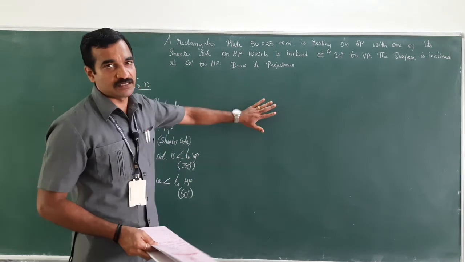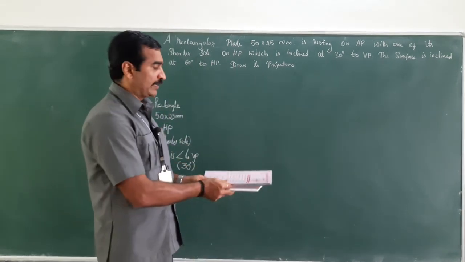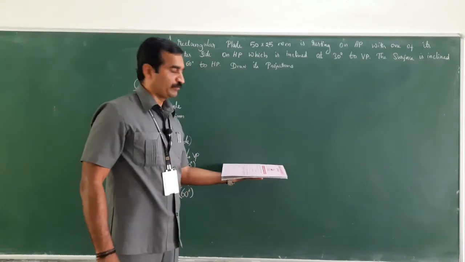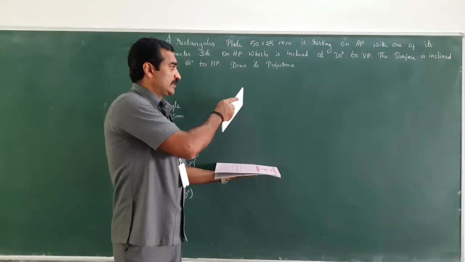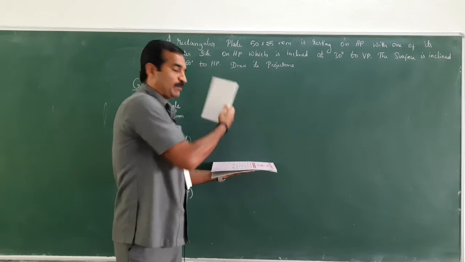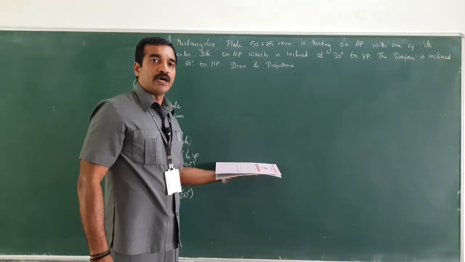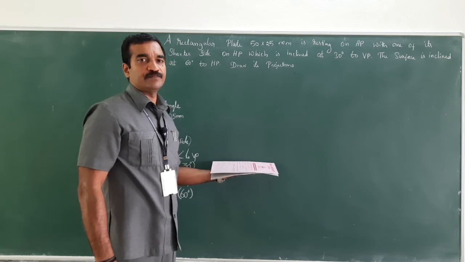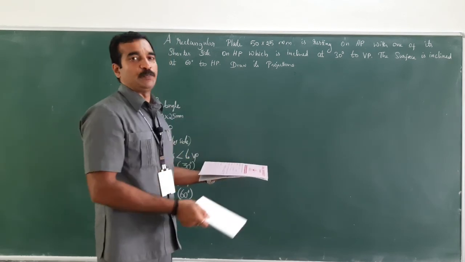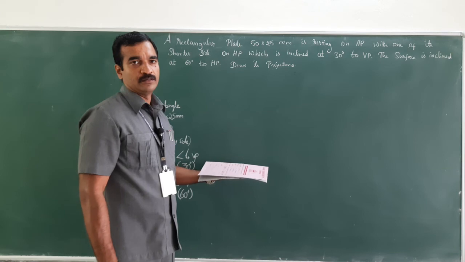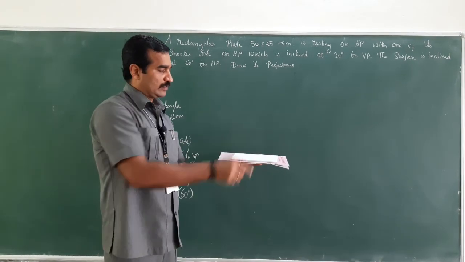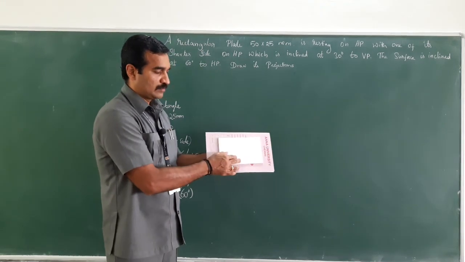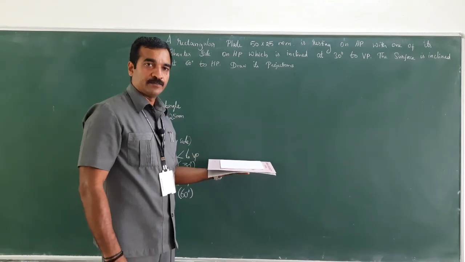Assume the board is the vertical plane and this note is the horizontal plane. It is resting on HP with the shorter side, in this manner. Look at this, this is how it is resting.